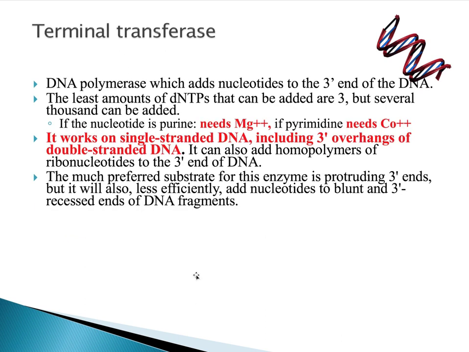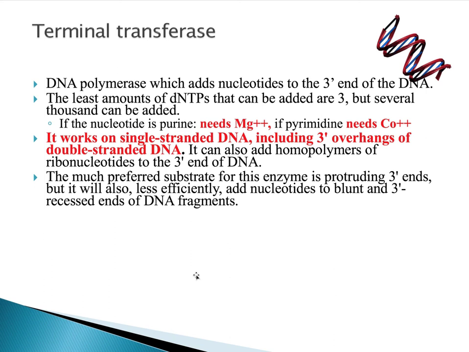All right, the last two. One is terminal transferase. I worked with terminal transferase. I love terminal transferase because it can add nucleotides to the 3' end, and it can add a lot of nucleotides, actually as many as several thousand. It depends on what you want to add. If the nucleotide is a purine, you have to use magnesium in your buffer. If it's a pyrimidine, you have to use cobalt.